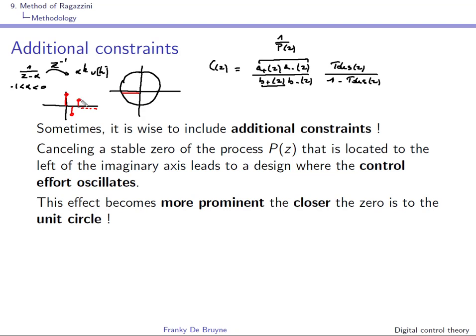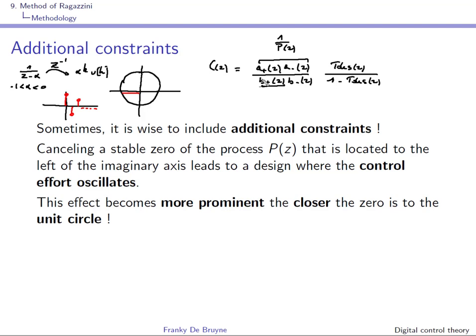If you have a 0 here in B plus that is located in this region over here, the control energy will be such that you will have this alternating behavior, and this is really not something that is desired.